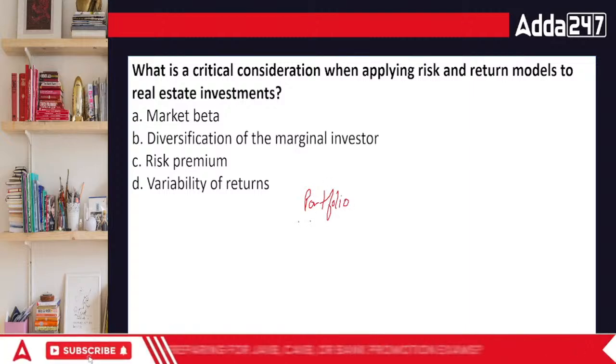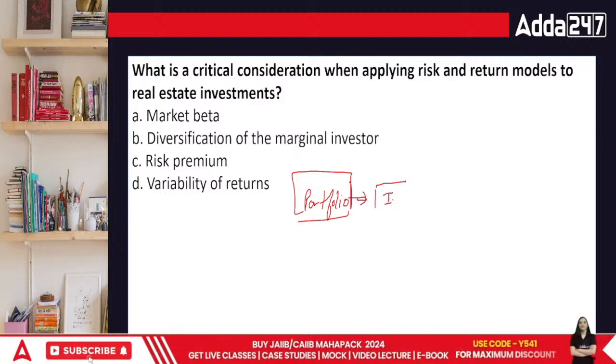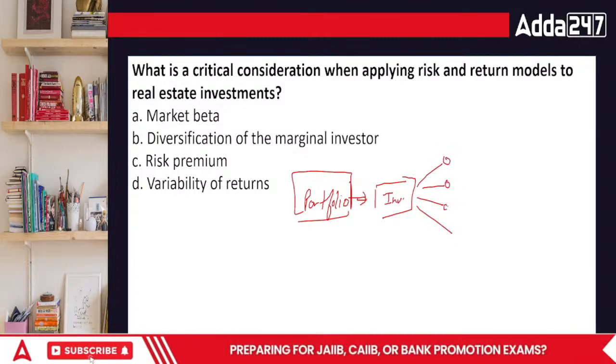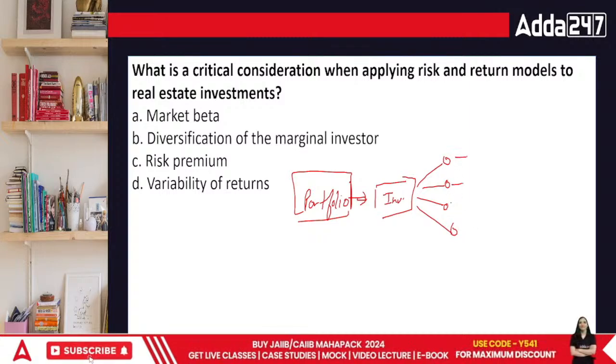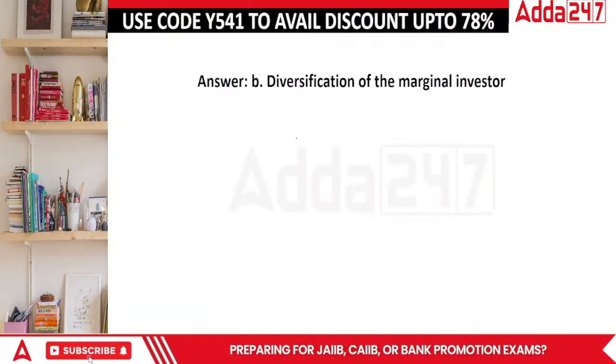Why would I put all the eggs in one basket? Why would I put my entire money into one particular investment area? Why won't I just spread it out in different areas altogether? It will really help us. So when we do this, maybe this part may face loss, but these may have a profit. So there is a diversification of marginal investor.